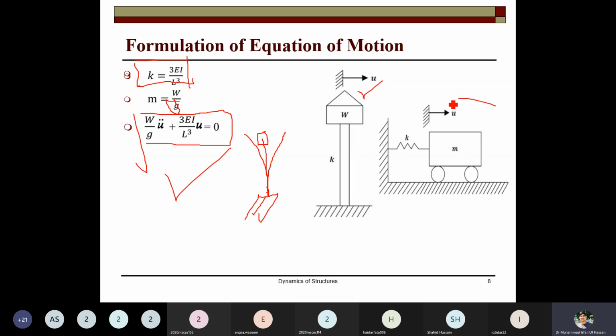So this will become the spring mass system for this overhead tank. You should be able to represent your structural system using the spring mass system. In this way you can write down the equation of the motion. Now this becomes a second order differential equation, and you have to solve it by using some advanced methods.